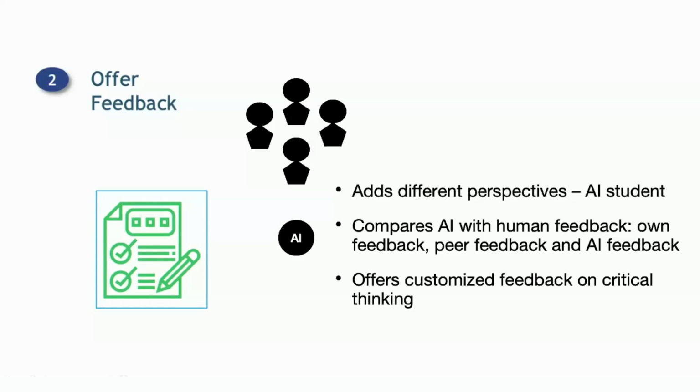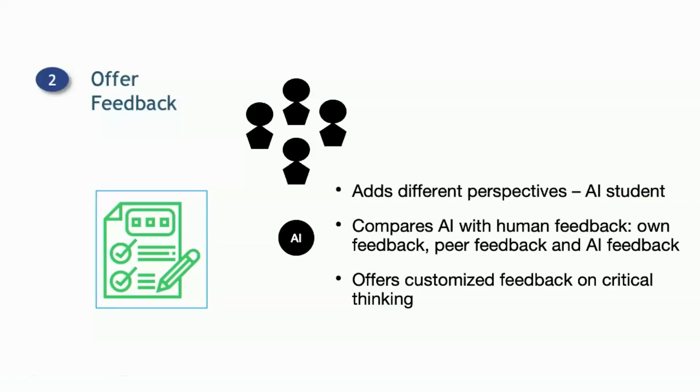The second thing, towards the end, the student who submitted the work will be able to see, oh, this is the feedback I submitted to help my peers, this is my peers' feedback from 3 other students, and this is the feedback submitted by the AI agent. So they will be able to see the different perspectives, how they emphasize different things, how they approach the problems, how they provide the feedback, and what the difference is between a human and an AI in providing different perspectives and feedback.